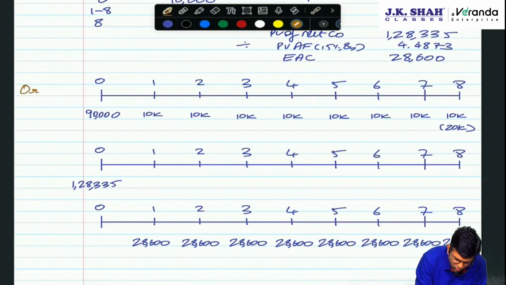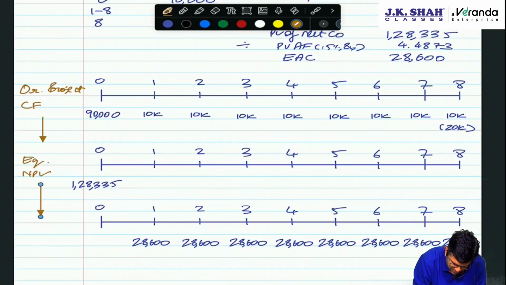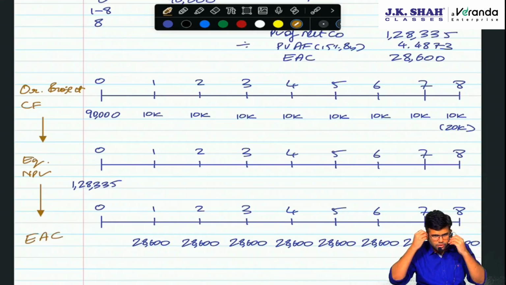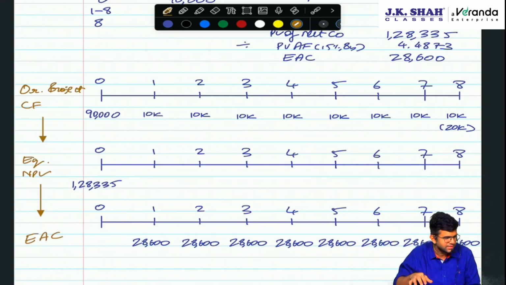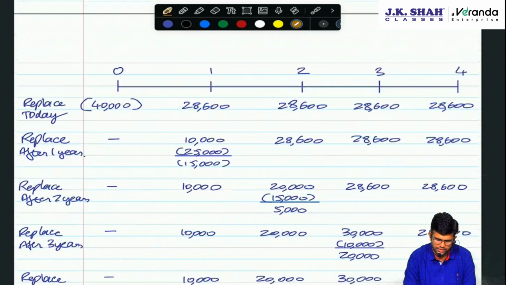This is original project cash flows, equivalent NPV, equivalent, or in EAC already the word equivalent is there, no? EAC. What you're writing is not a part of the solution. You can give a heading, meaning of EAC. Why are we doing this? It's like the meaning of EAC. Are we done with this? Can I go ahead? Next.